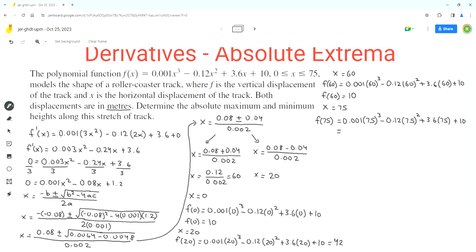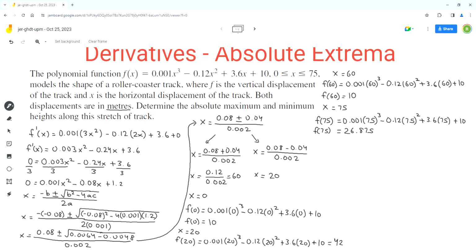So I got 26.875, and the unit is meters.